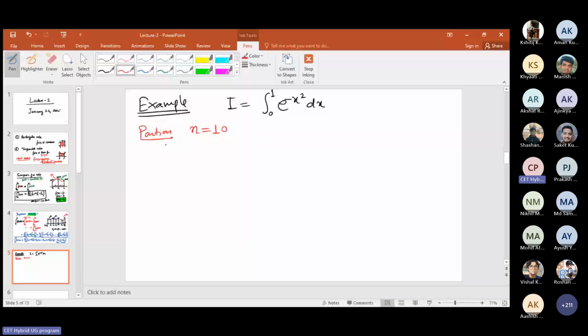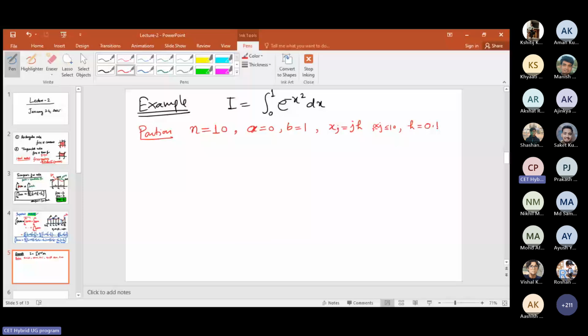So assume that I am choosing n equal to 10. If n is equal to 10, a is 0 and b is 1, so xj according to the formula will become 0 plus jh, so jh for j lying between 0 to 10, where the value of h is 1 minus 0 divided by 10, that is 0.1.